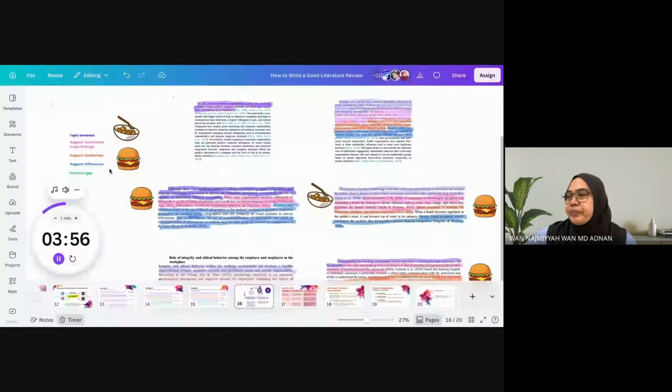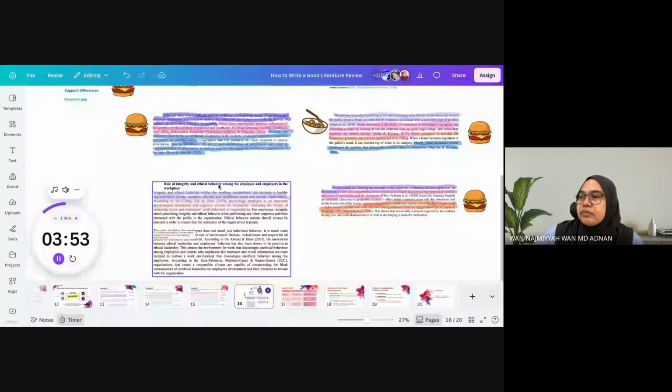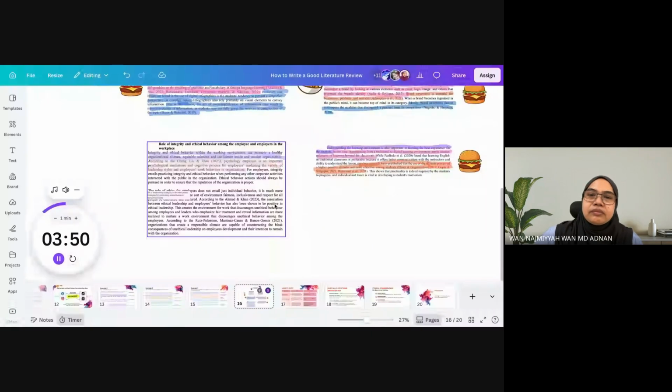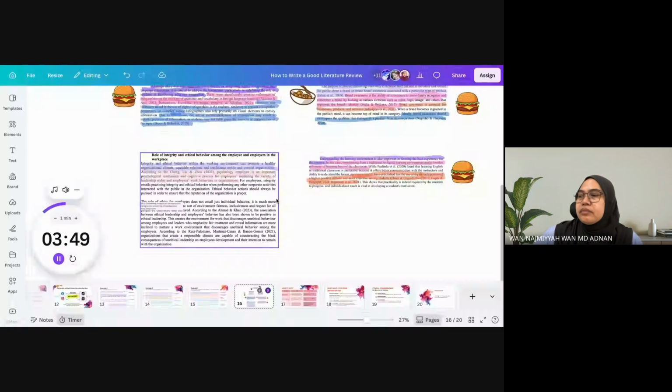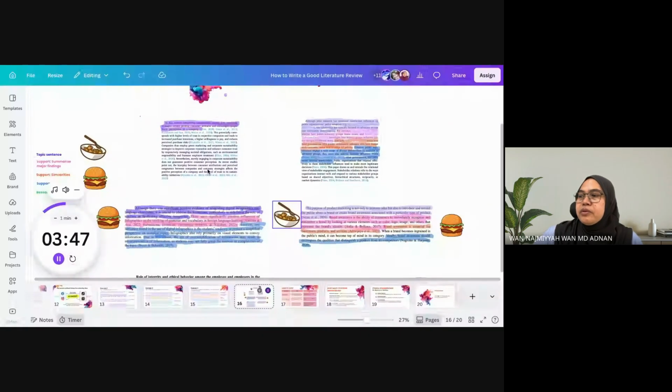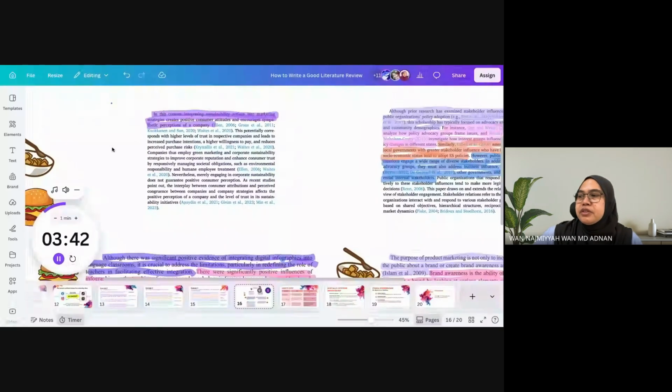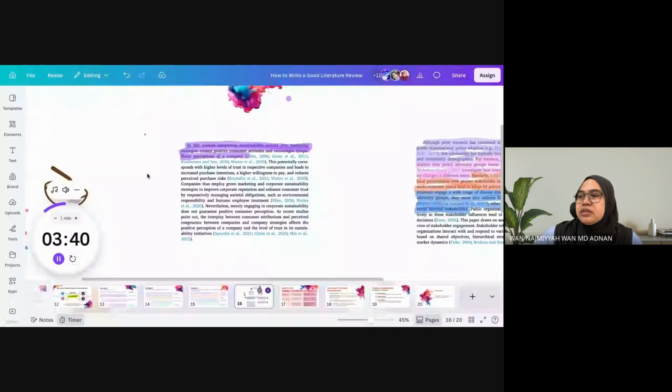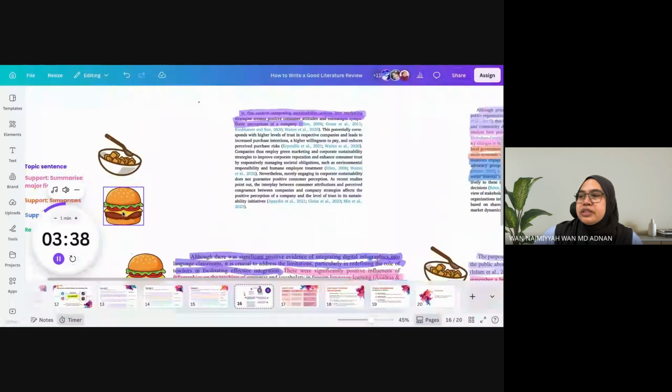Okay. What about the rest of the first one? Is this a burger or is this a rojak?